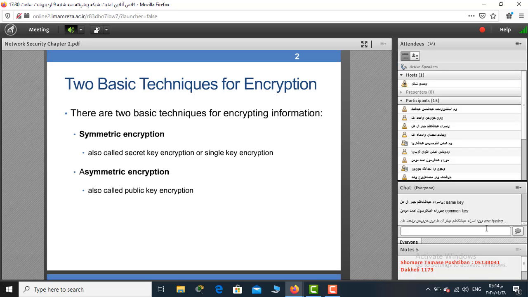On the receiver side, another key, called the decryption key, is used for decryption. So we have two different keys, one for the sender and another for the receiver. That is why these algorithms are called asymmetric encryption algorithms.